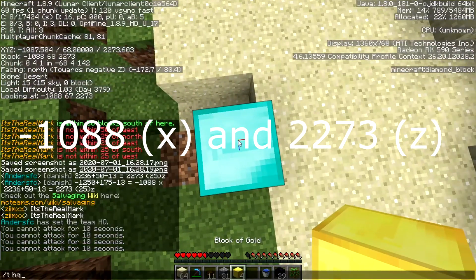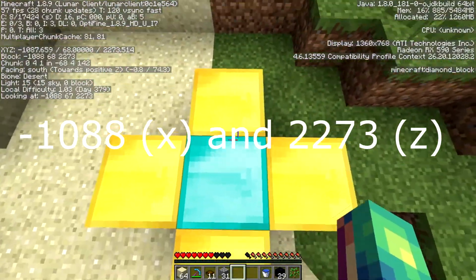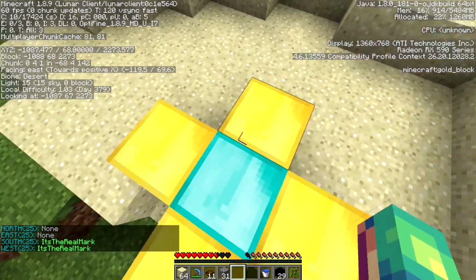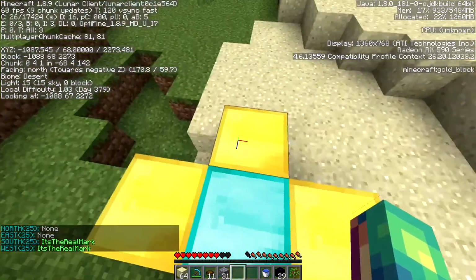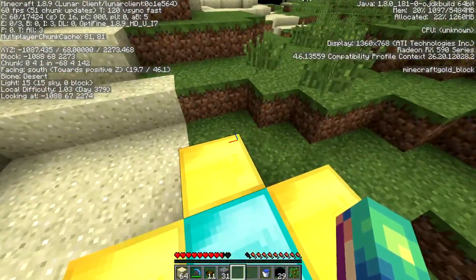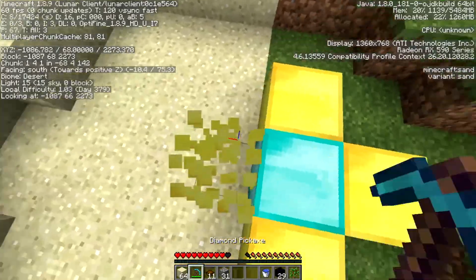So now I'm at the exact coordinates, bracketed, that I calculated before, neg 1088 and 2273. What you can do here is actually narrow people to a 13x13, and we already did that. We see he's south and west, which means from here, 13 blocks out, he's within these two blocks.